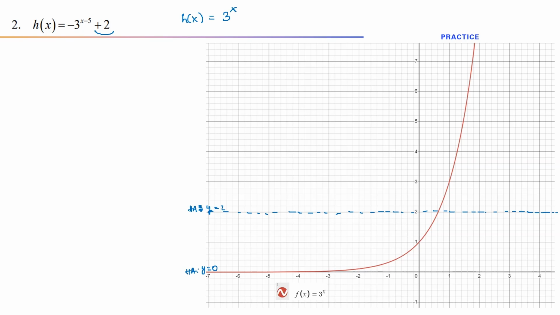And then we have minus 5, which means go to the right 5 units. Right 5 units, and this one up 2 units. We find a point, here is 1 point.